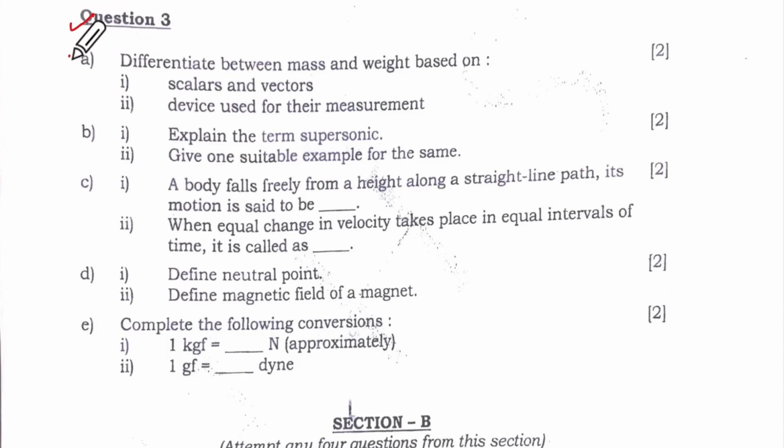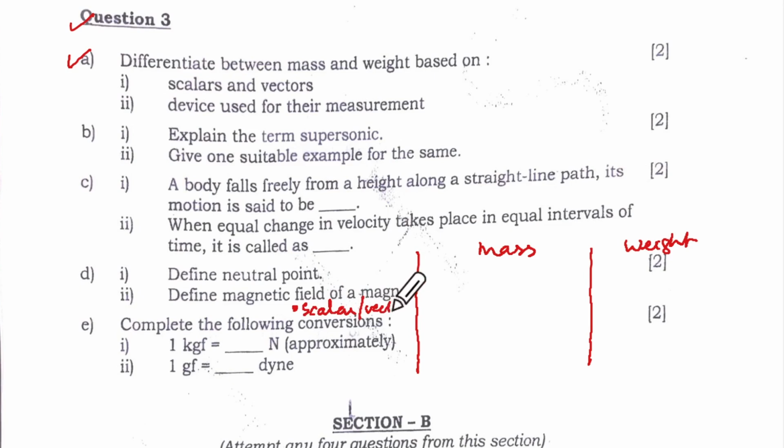Number 3A, differentiate between mass and weight based on this. So you will make the 2 columns. And here you have to write the first point. What are they saying?